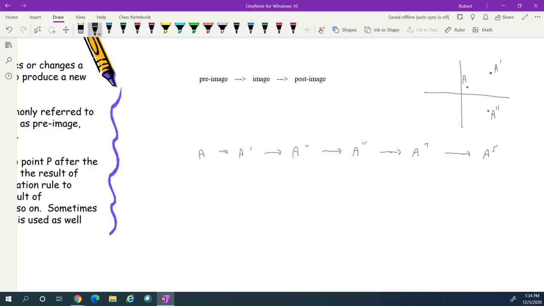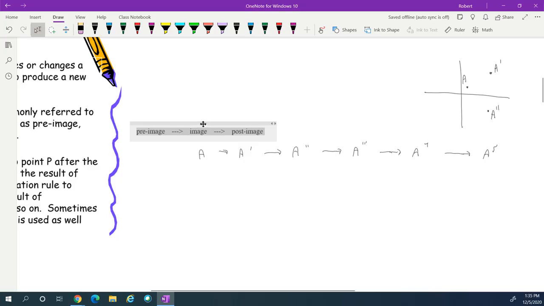If I move it five times, then the original point A just became point A5 because I did five things to it, for a total of six places that it was. Think about that. These words just slide up and down that chain. If I drag these words, maybe we started with the image and then did something to it to get the post-image.